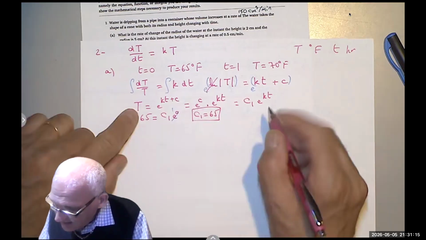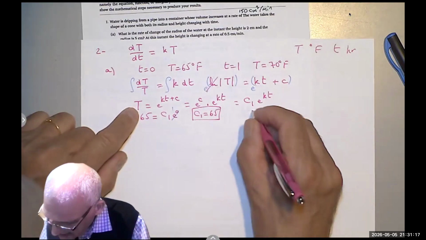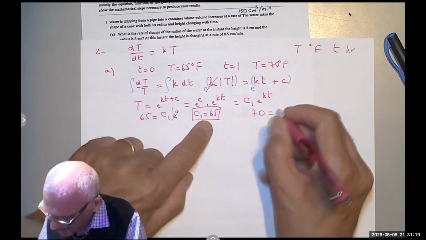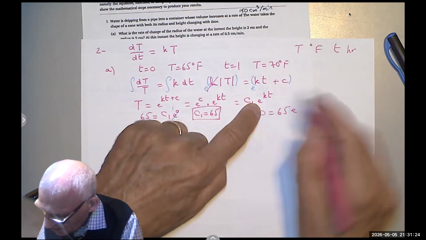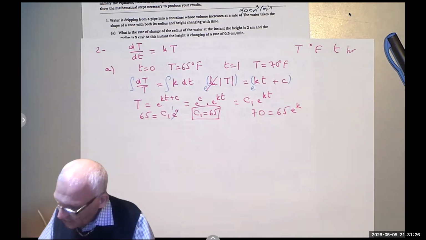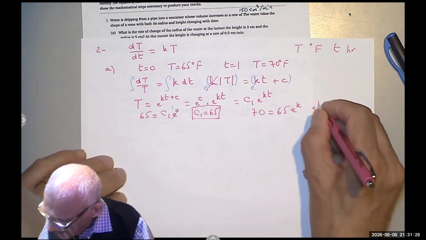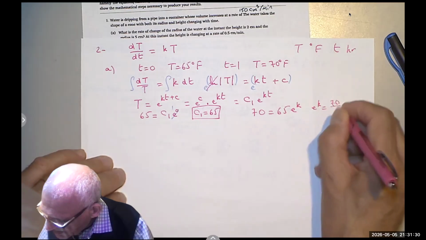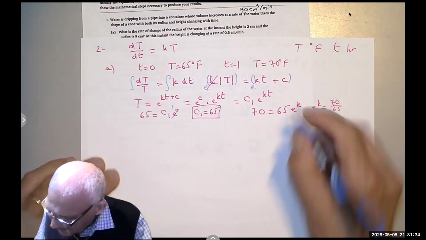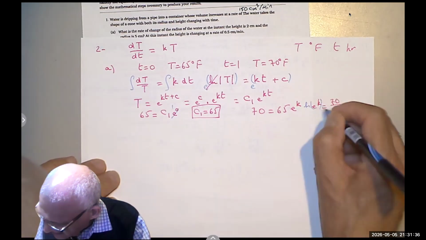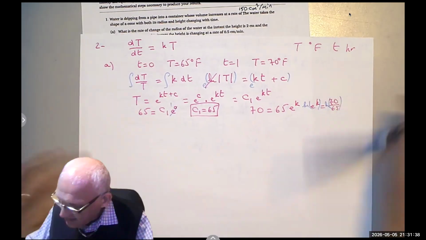Then I would say when t is 1, 70 equals the 65 that I already found, e to the k times 1, so e to the k, which means e to the k equals 70 over 65, or 14 over 13 if you wish. I'm going to take the natural log of both sides. I should have left the space here.